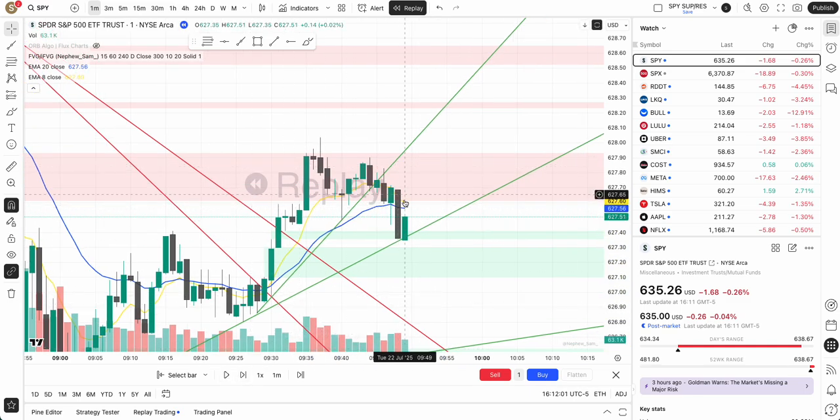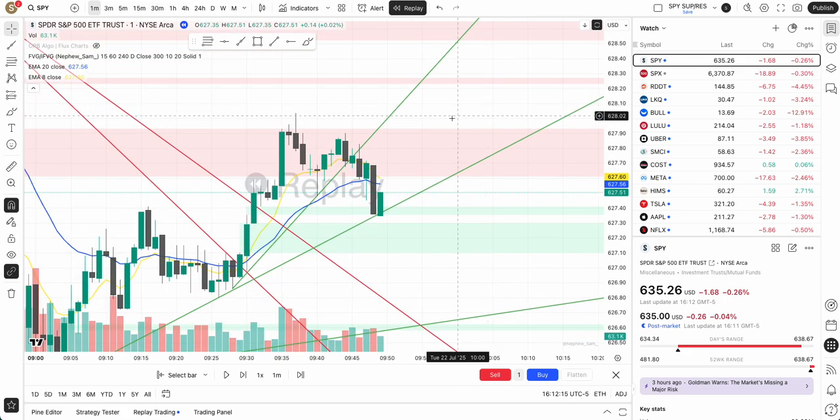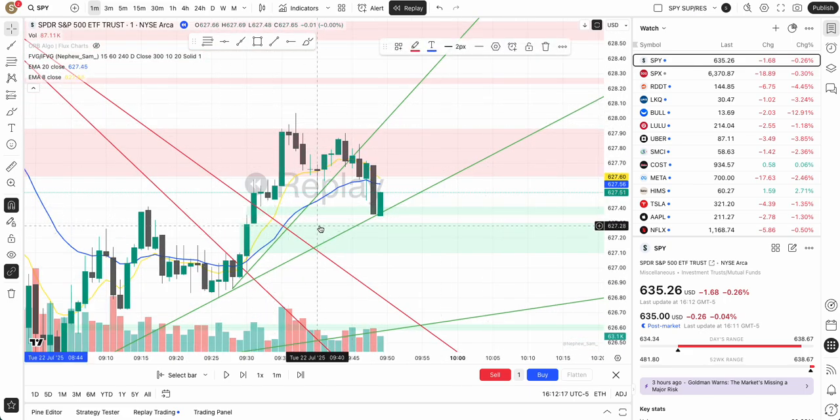Okay. You would exit here, break of this invalidation of this fair value gap. So 627.42, 627.62, or you would just sold into this resistance up here at 627.94, depending on how you play that.